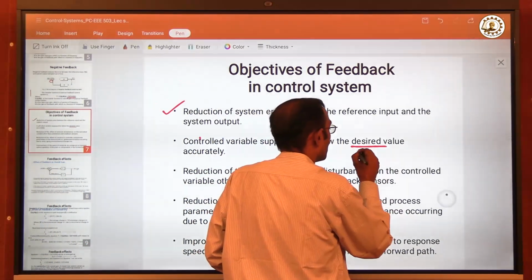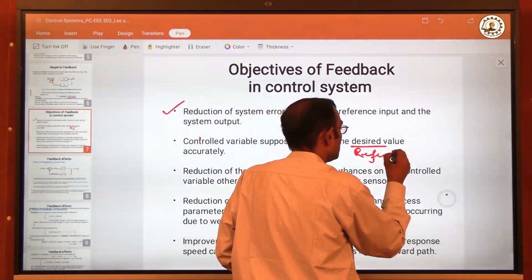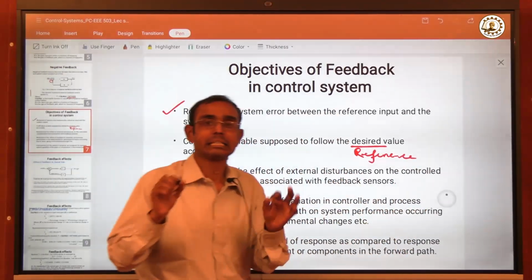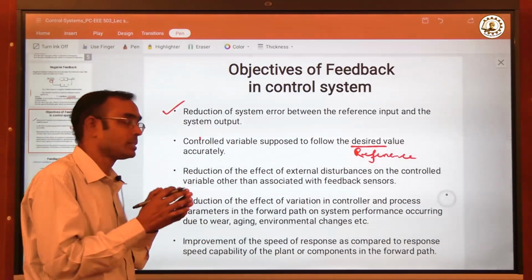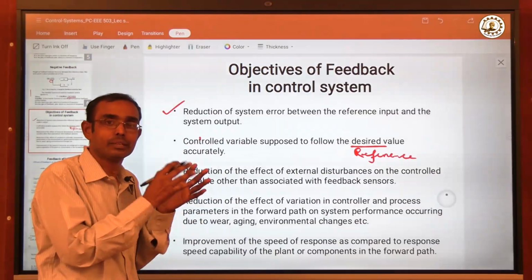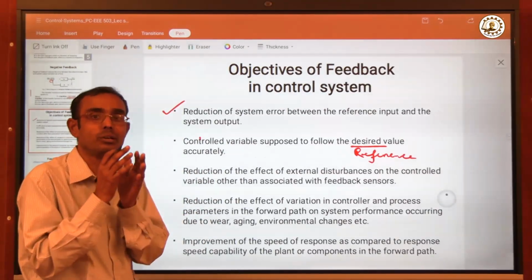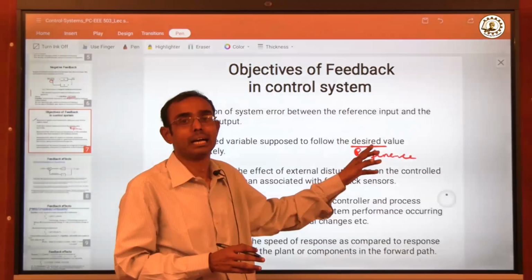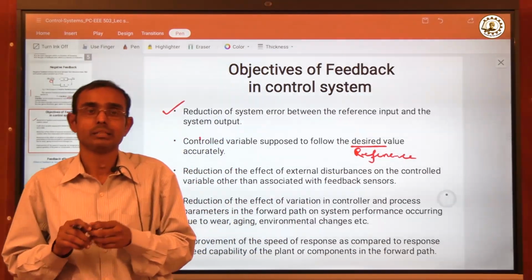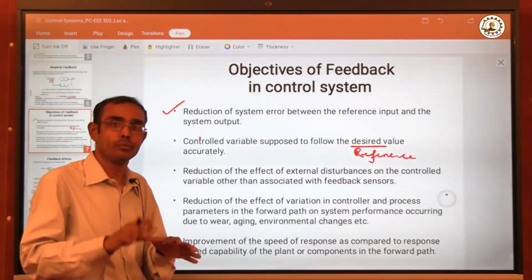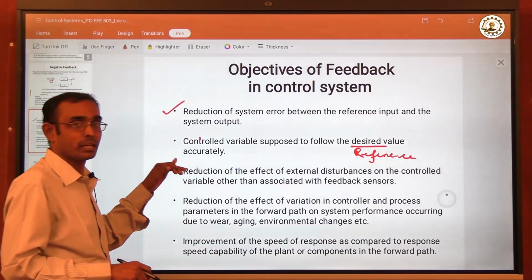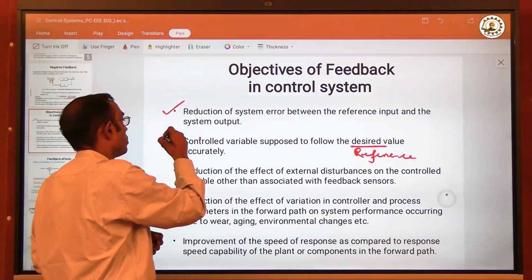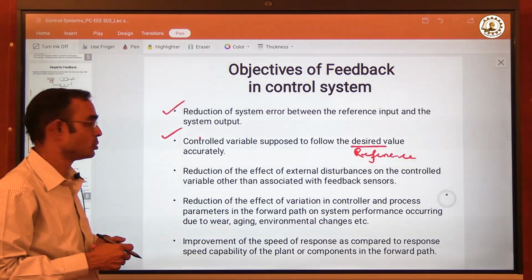Desired value is nothing but our reference, our benchmark, what we have set at the initiation of the system. When the system was initiated, we set a benchmark which is called reference, and that is our desire. We always want that the output response must always follow that reference or the desired value. So this is another important objective of feedback in a control system.